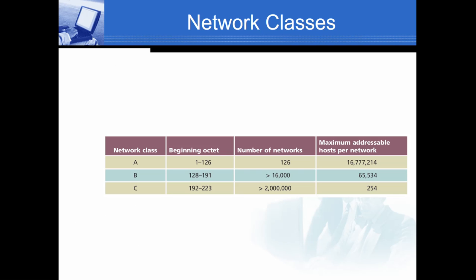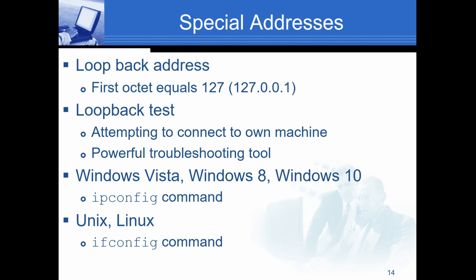This is the number of hosts that you can have, which is a lot if it's Class A. Mostly you're dealing with Class C, which is 254 hosts. There's actually 256 valid addresses. However, you can't use the first and you cannot use the last. The first is reserved for the network, the last is reserved for broadcast.